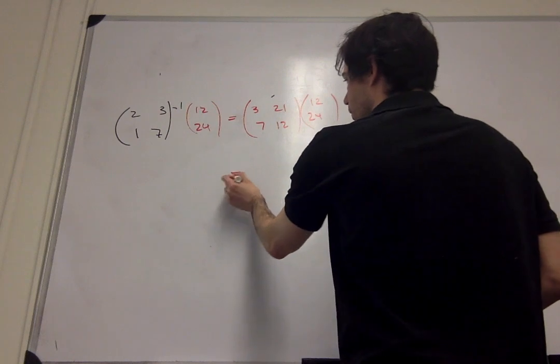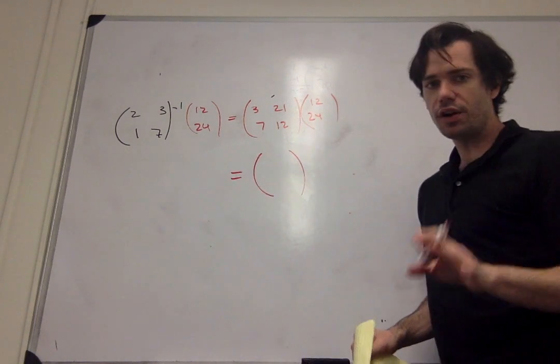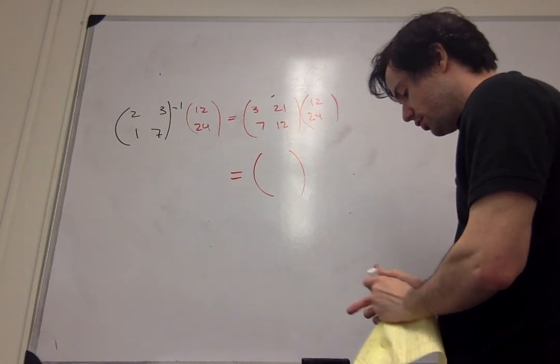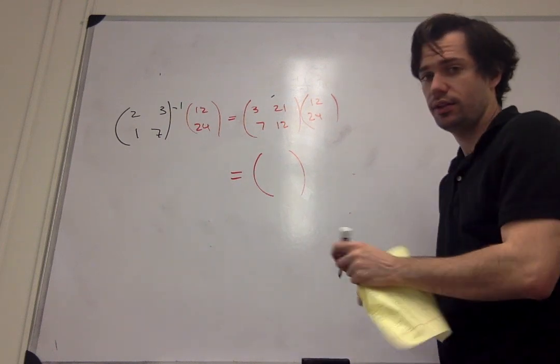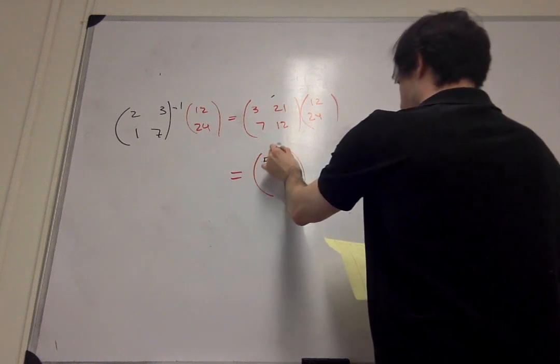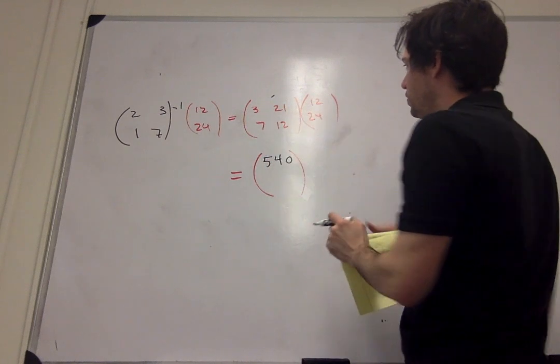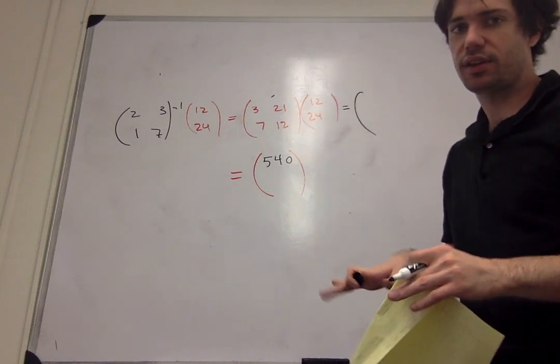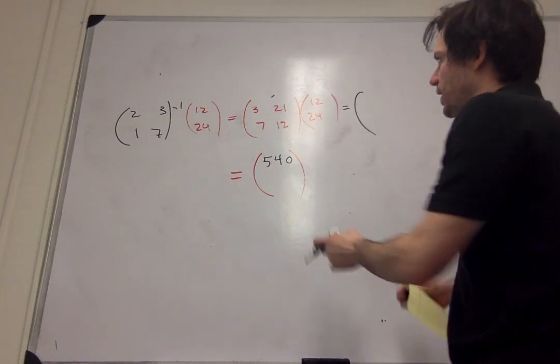And if you do this ordinary step correctly, your number should come out to be 540, which is nothing more than going back to basic matrix multiplication.